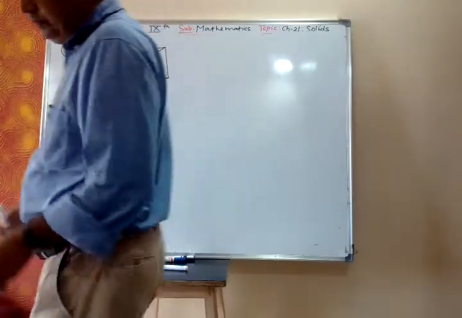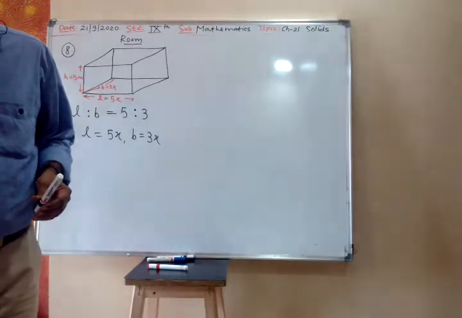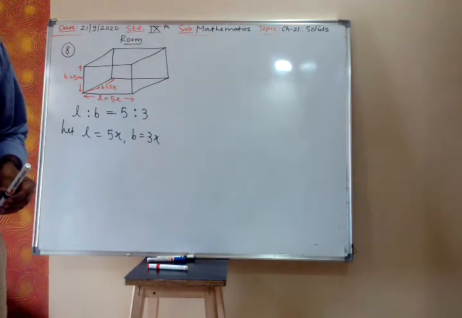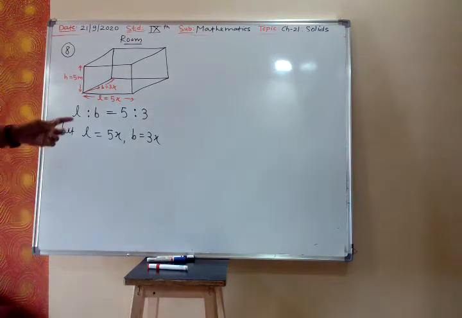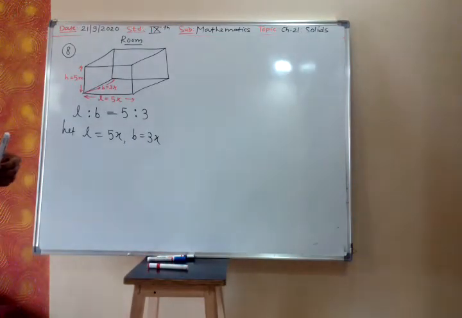Now we'll see. The cost of papering the 4 walls of a room. So the 4 walls of the room are left, right, front, back. Is it clear? The walls are left, right, front, back.